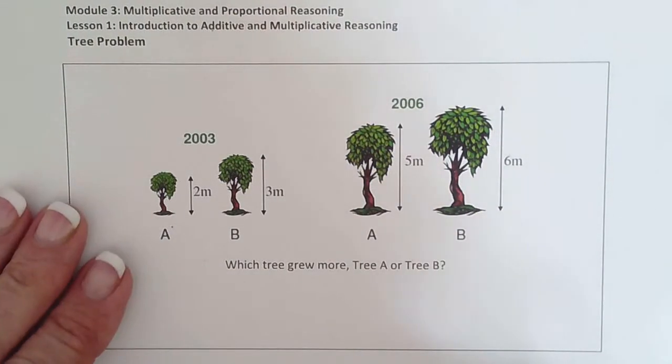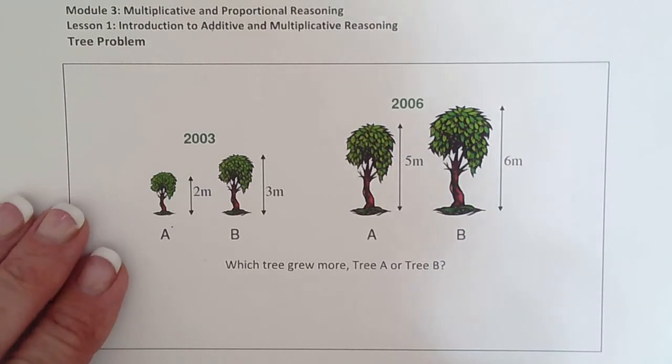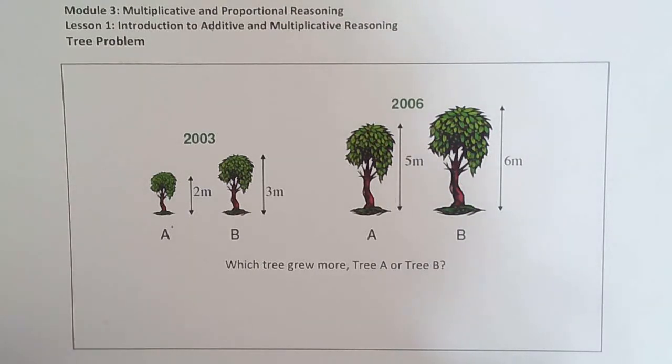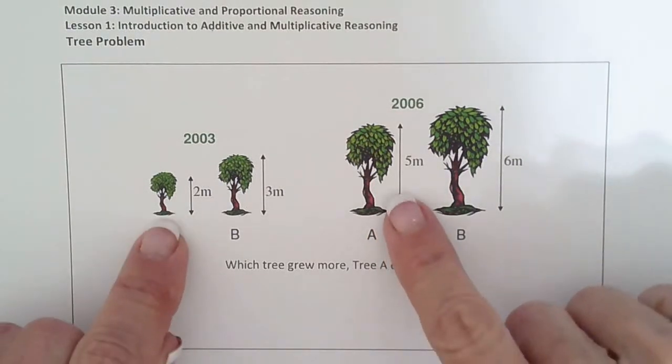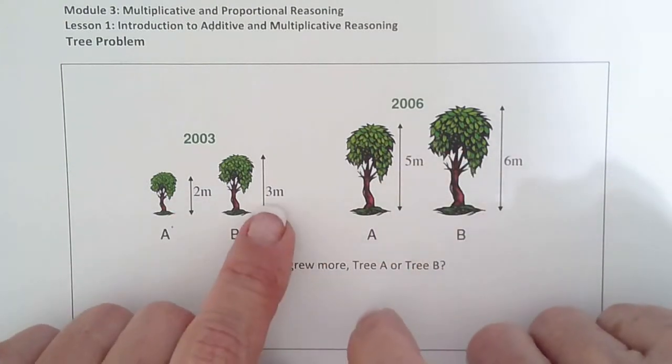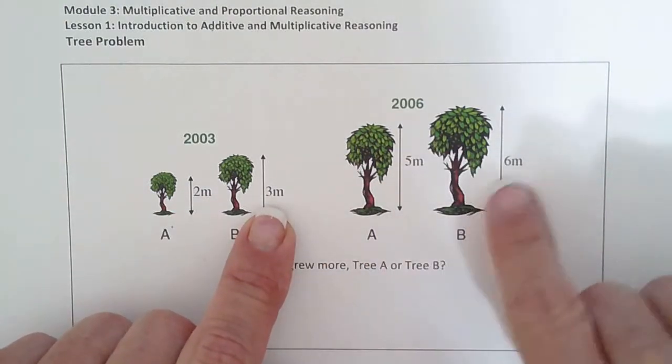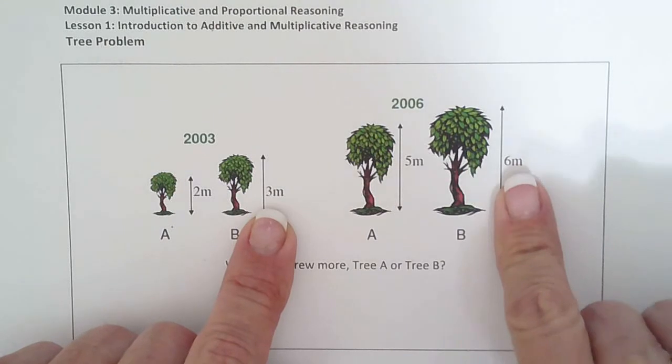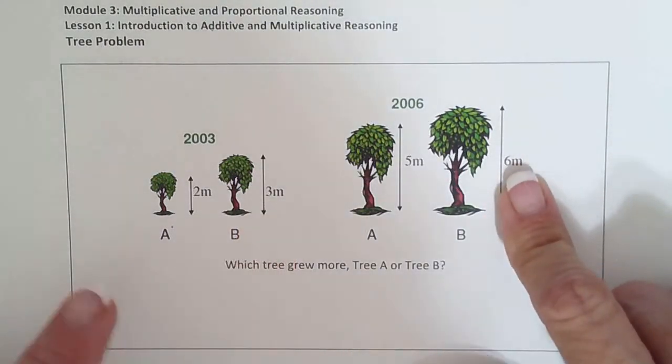Usually I have students get together in groups and discuss different ways of thinking about it, and I will tell you 99% of the students will write that both trees grew the same amount, because tree A grew 3 meters, 2 plus 3 is 5, and tree B grew 3 meters because 3 plus 3 is 6.